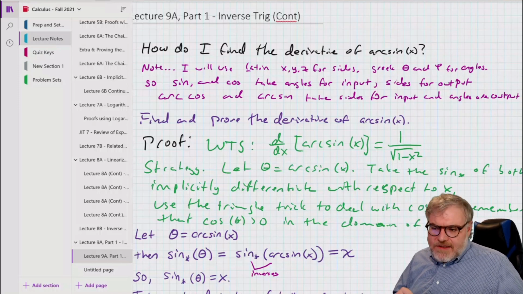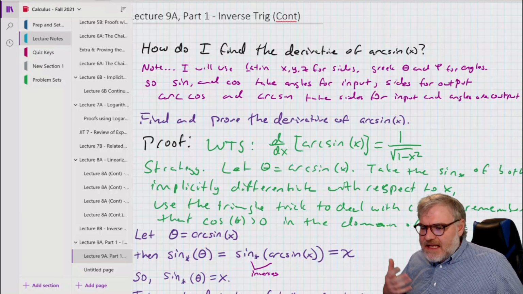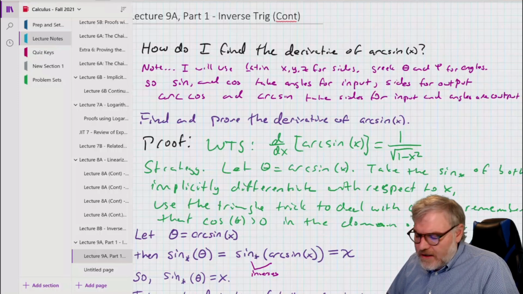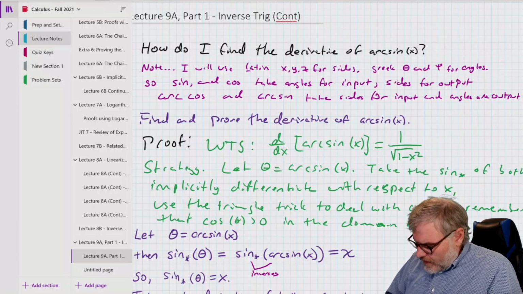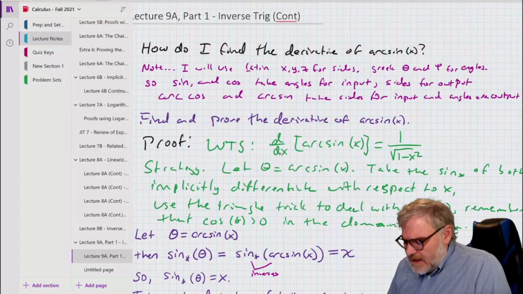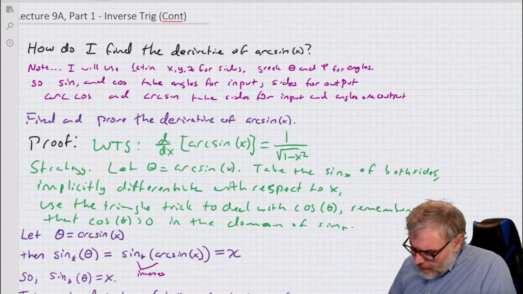So x's and y's are going to be sides, and thetas and sigmas and alphas and betas, Greek characters, and phis and things like that are going to be used for angles. Okay, so what I'm going to do here, I want the derivative with respect to x of arcsine of x. I'm going to let theta equal arcsine of x.